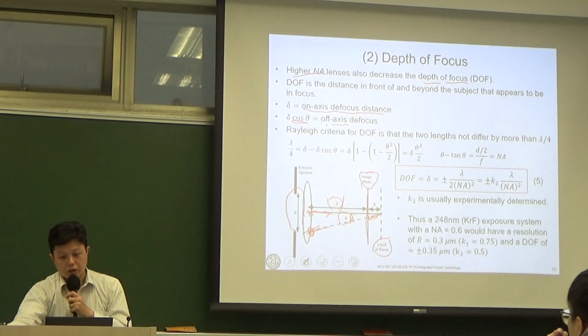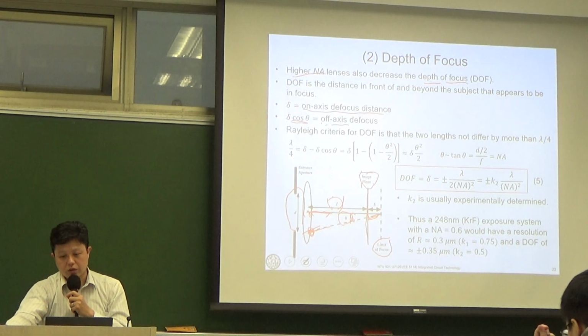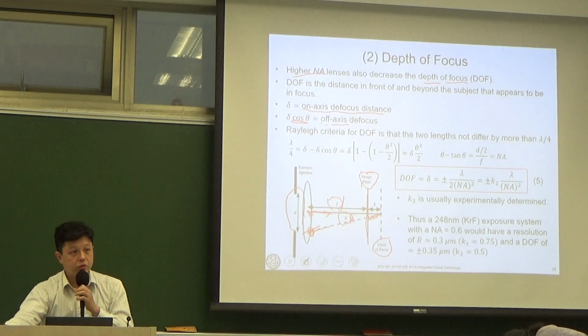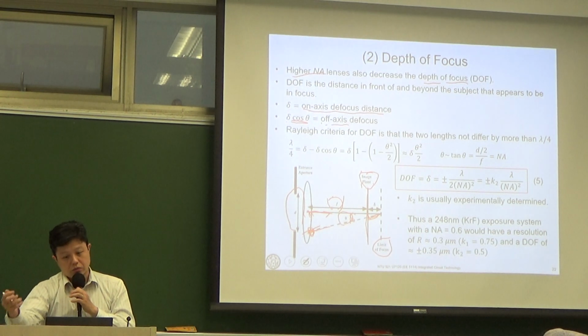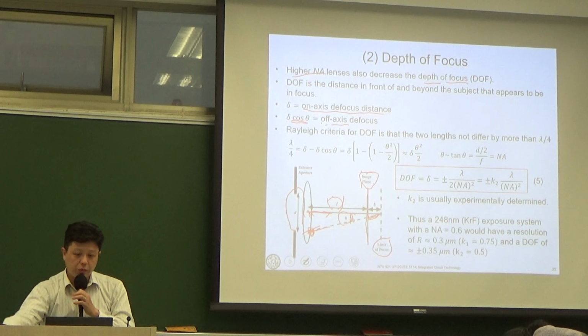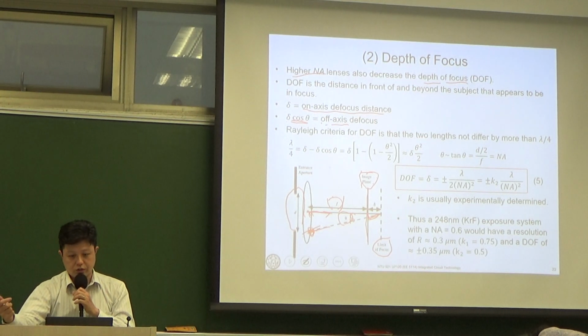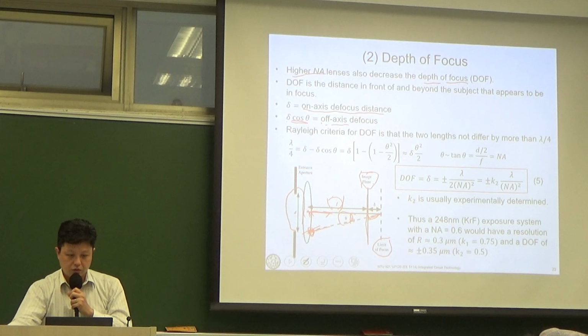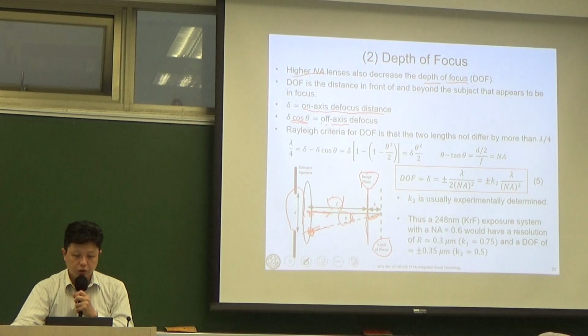Otherwise, if it is larger than a quarter lambda, you will form very serious interference, the intensity of the image will change a lot, and it's difficult for us to identify if it's the same as the original one. Right?